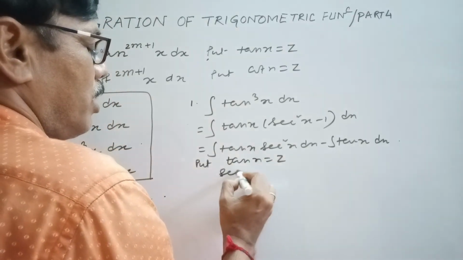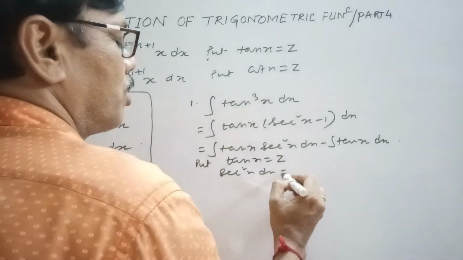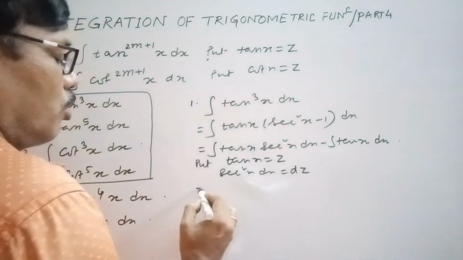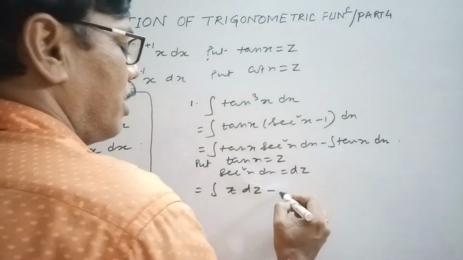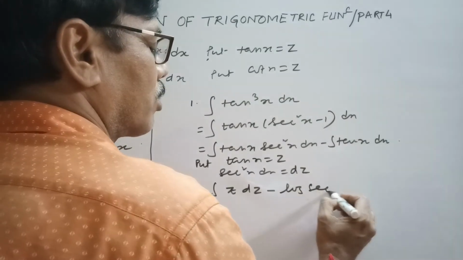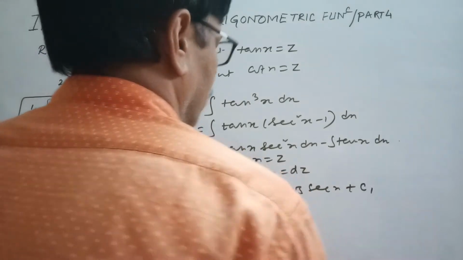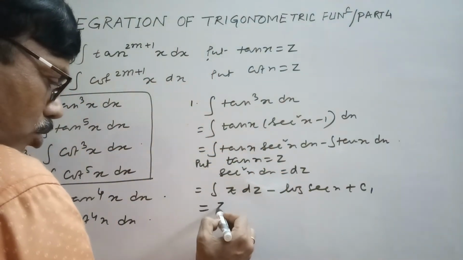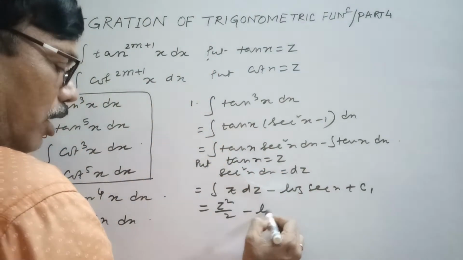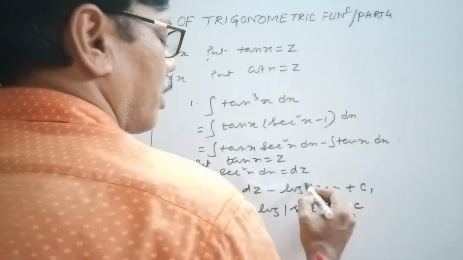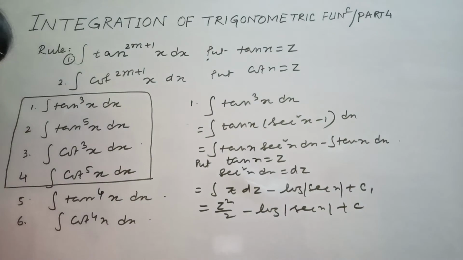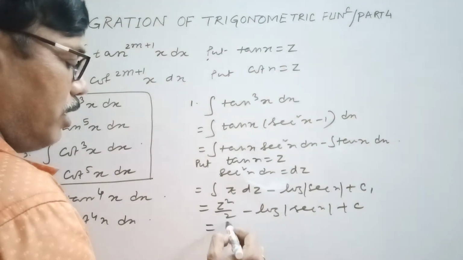So sec square x dx equals dz. So this is z dz, and integration of tan x is log sec x plus c1. So this is z square by 2 minus log sec x plus c. Now put the value of z. What is z?